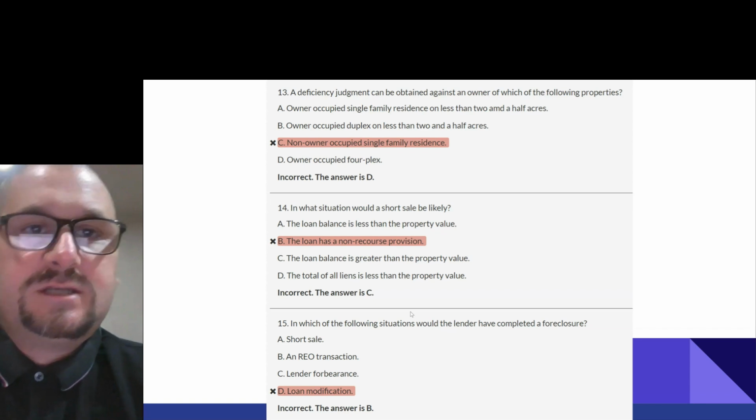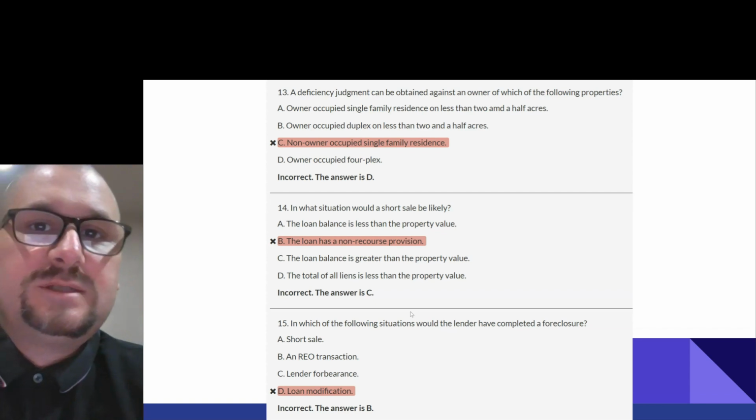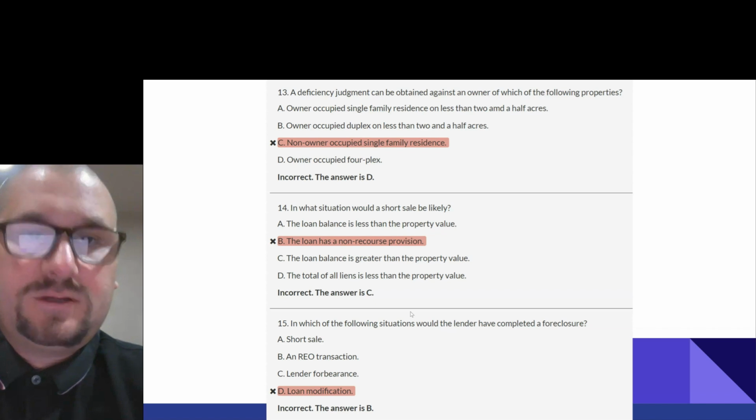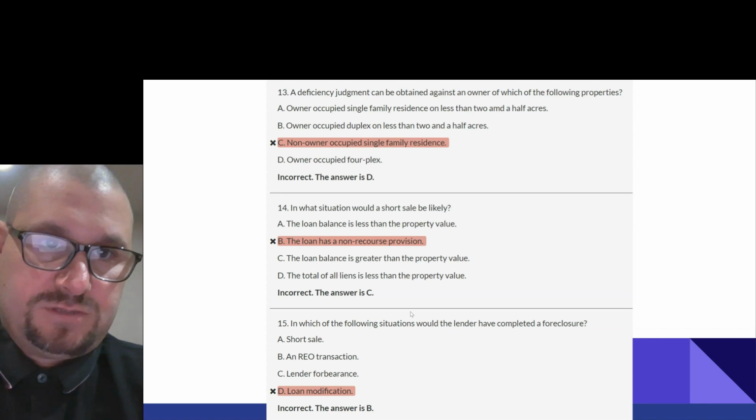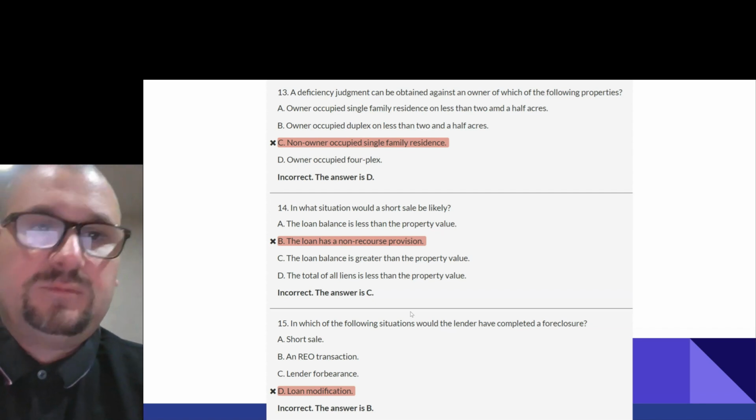A is owner occupied single family residence on less than 2.5 acres. No. Owner occupied duplex on less than 2.5 acres. No. Non-owner occupied single family residence. No.